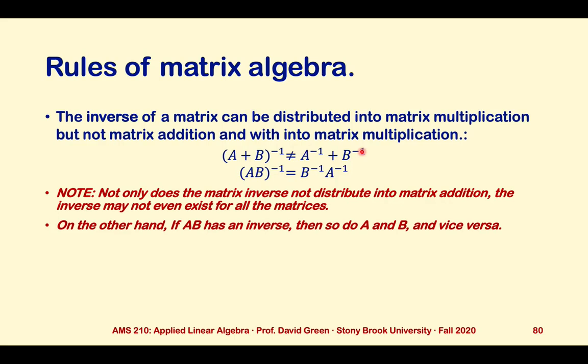These are issues we'll get into more once we start talking about matrix inverses, but I wanted to present these here so the rules of how we do symbolic matrix algebra are all sitting in one place.